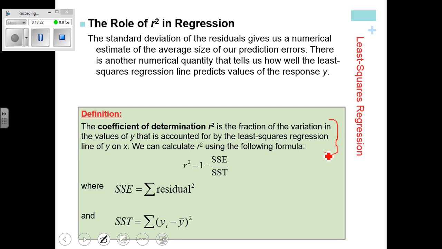But all that means, if you look right here, SSE is the sum of the squared errors, which just means the sum of the squared residuals. SST is the sum of the squares total, which here is y minus y bar, y minus the mean, squared.